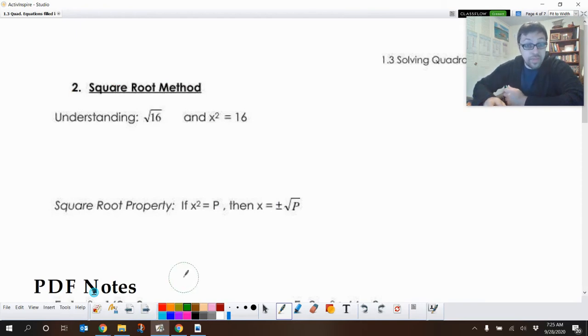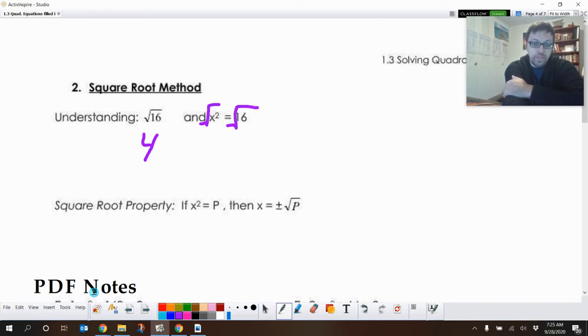Now the square root method, something to keep in mind is if we square root 16, all we get is 4. However, this is one place where you don't have to get the thing equal to 0. We are allowed to square root both sides, but when we do that, we get plus or minus 4.